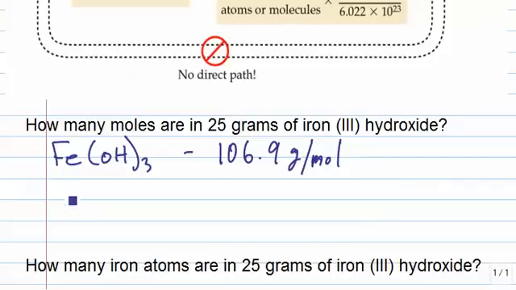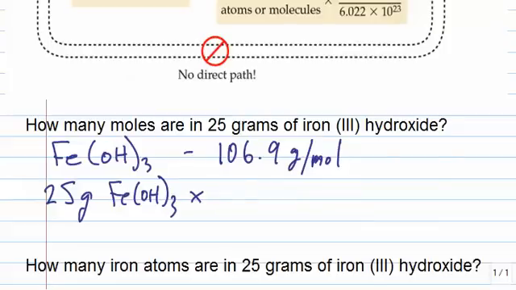Okay, so we begin with 25 grams of Fe(OH)3, and we're going to multiply by a conversion factor derived from that molar mass. So this conversion factor is that 1 mole is equal to 106.9 grams.